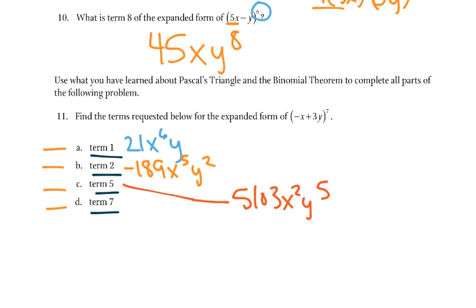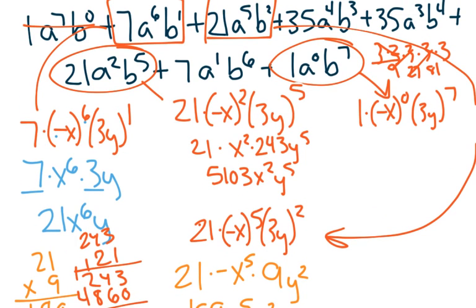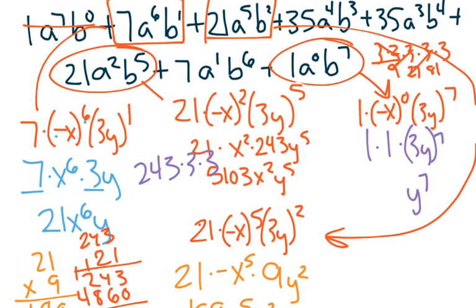Okay. And then term 7. Okay. X to the 0 would be 1. 1 times 1 times 3y to the 7th. Okay, so we know it's y to the 7th. Now 3 to the 7th would be, 3 to the 5th was 243. So we need to times it by 3, times it by 3.